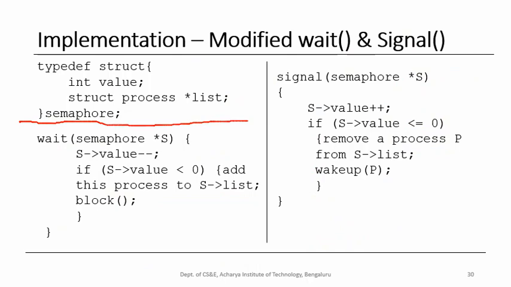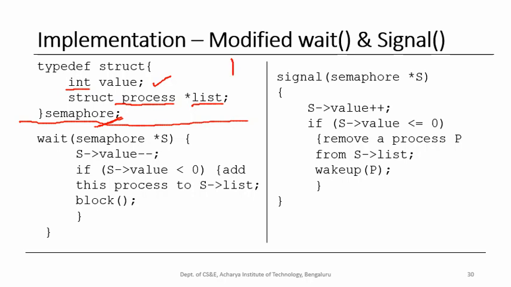It is now defined as a structure which has two elements: one is its value, an integer, and a pointer to a process. It is a pointer to a list of processes. So that's how we have modified the definition of the semaphore. Semaphore is not just an integer value, it is an integer value and also has a pointer to a list which contains the processes which are waiting on this semaphore.